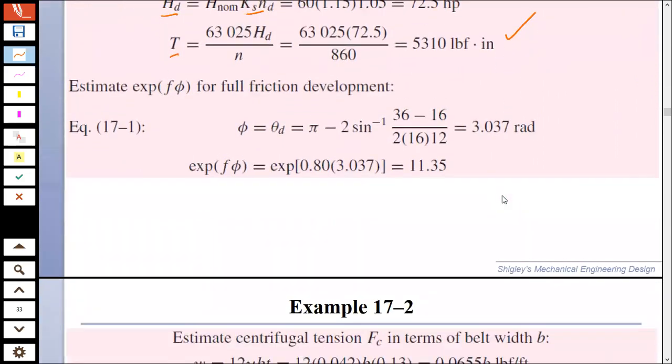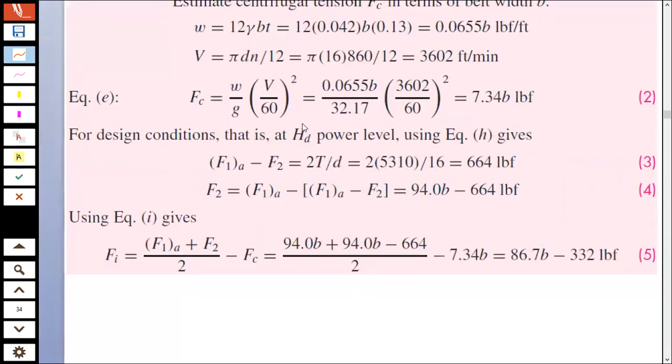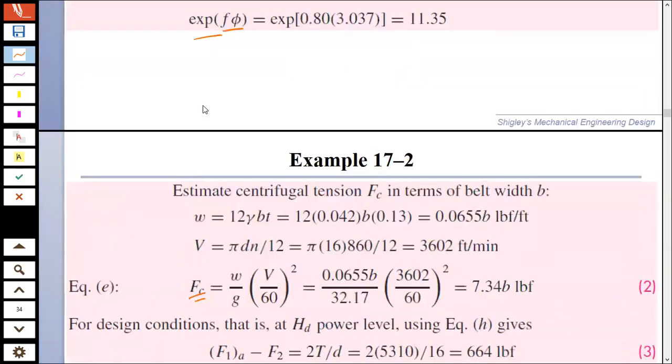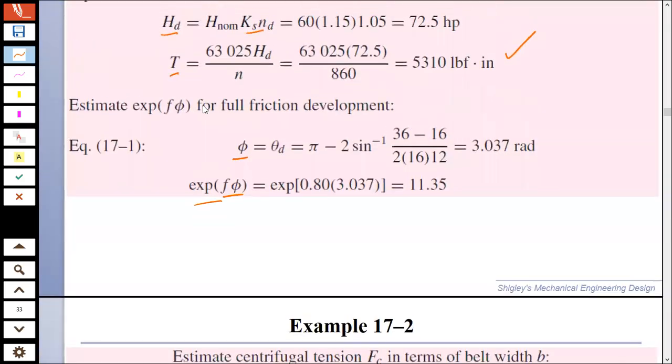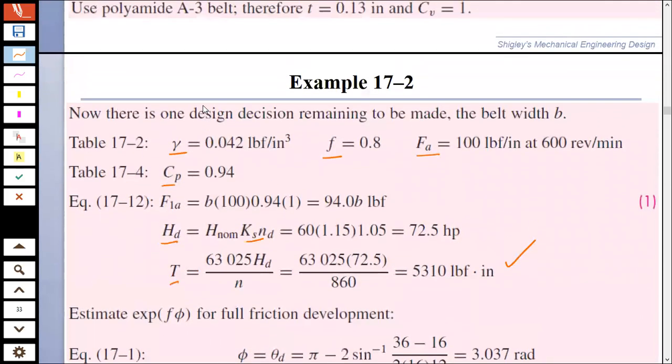Now go ahead and find your phi and the exponent of Fi. The procedure is the same. Find out your FC, right? But look over here: how did we find the value of FIA?